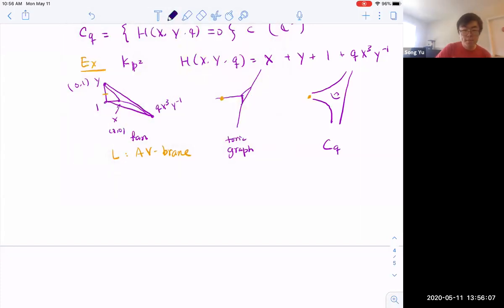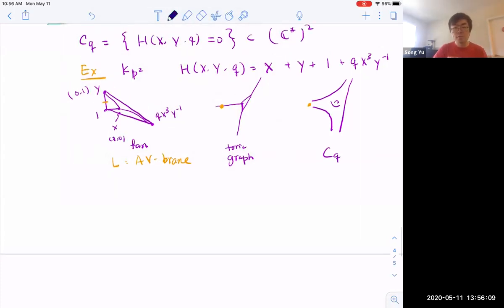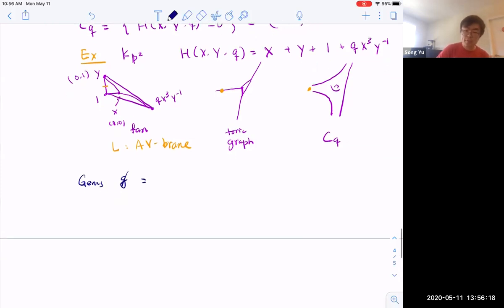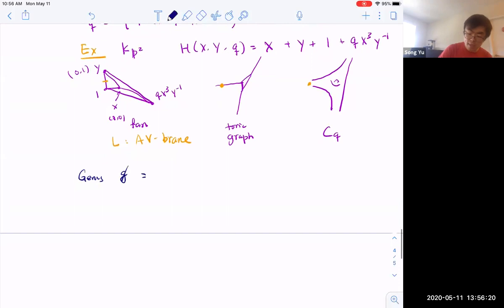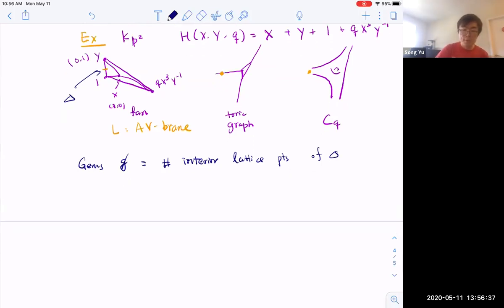Okay, so this mirror curve C_Q will be a Riemann surface of genus g'. I put a dash on it to distinguish this from the genus g coming from the Gromov-Witten theory. And this genus is equal to the number of interior lattice points of the polygon Delta. So this Delta is just this triangle on the outside.